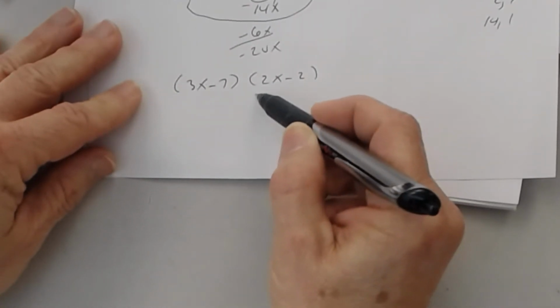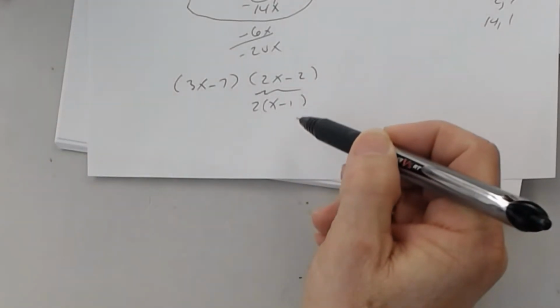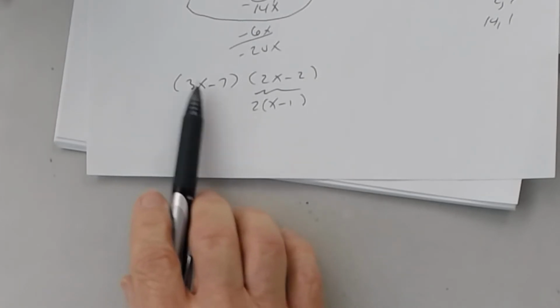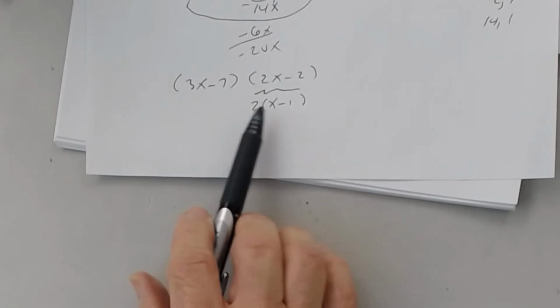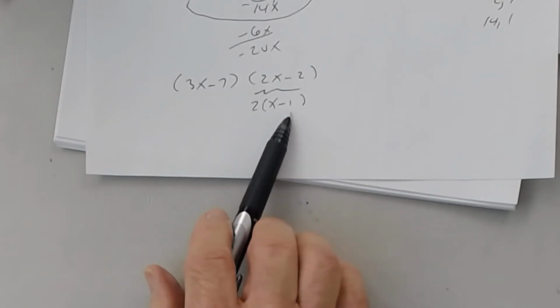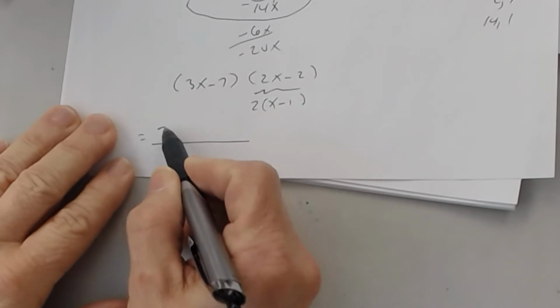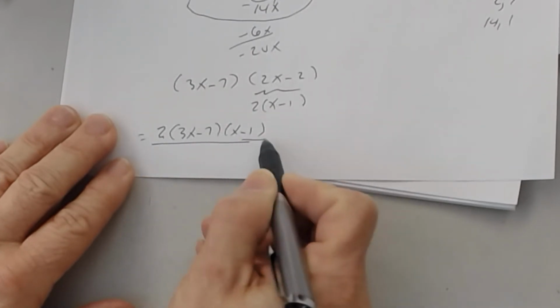So right here, you're going to say 2 times what? X minus 1. And now notice I have 3 factors. 3x minus 7 is the first one. 2 is the next one. And what's the other one? X minus 1. But we tend to put the monomial factor first. So the best way to write it is to put what first? 2. And then 3x minus 7 times x minus 1.